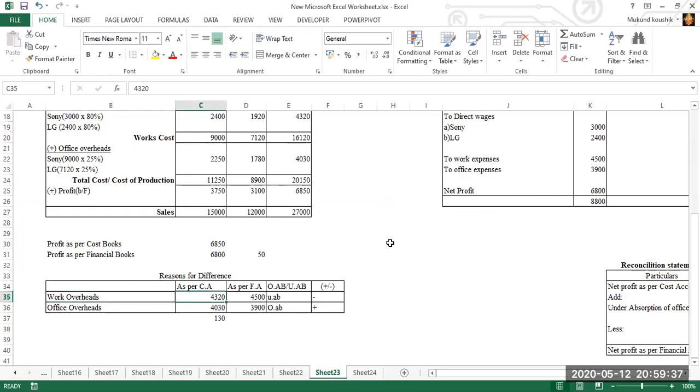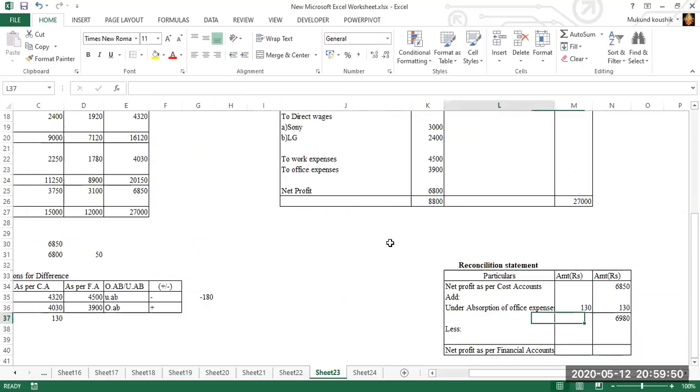It is under absorption. So under absorption we have to deduct. How much do we have to deduct? 4,320 minus 4,500, so 180 is the difference.